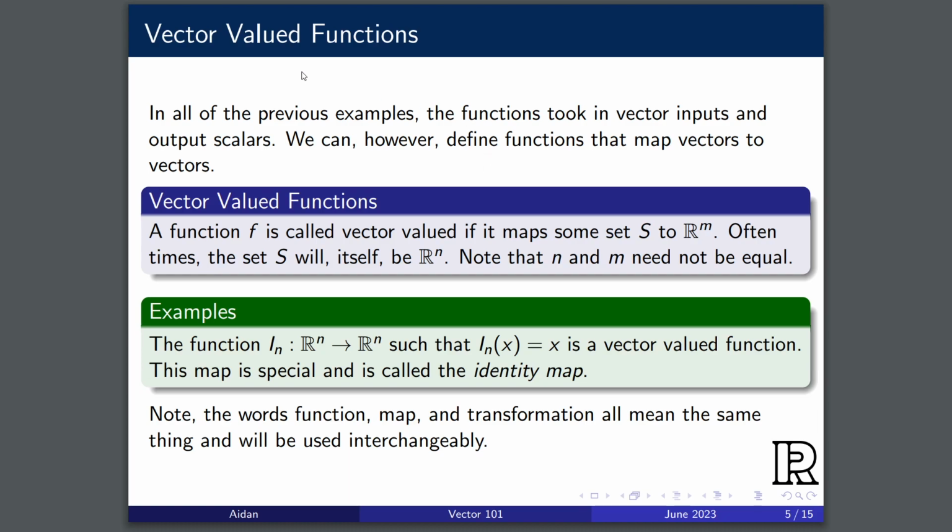In all the previous examples, right? So this is at the bottom of this thing. So I'm going to use the words function, map, and transformation all kind of to mean the same thing.